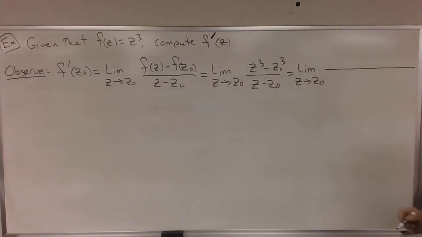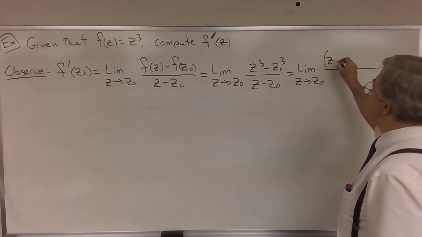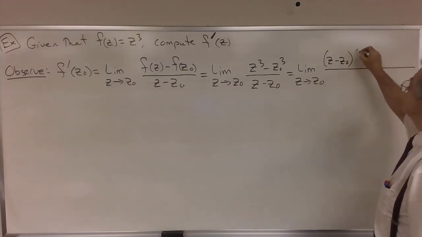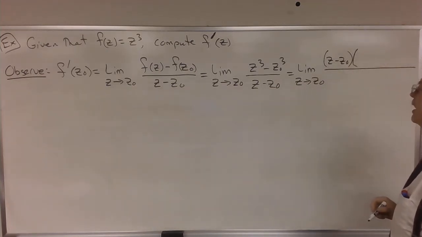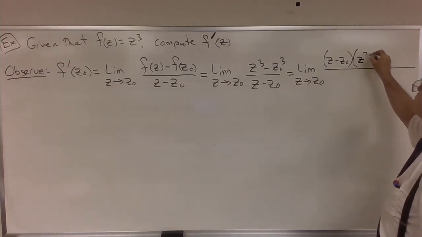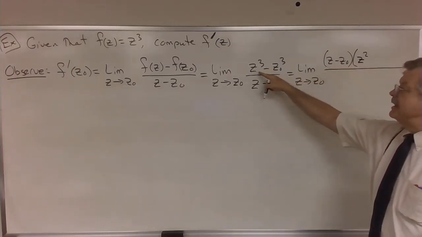Especially since I know what one of the factors is. One of the factors is z minus z naught. And let's see, I've got to have a z squared here. Z squared times z will give me my z cubed.